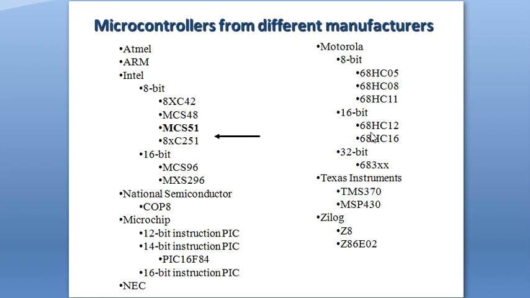Then 16-bit variants 68HC12, 68HC16. Then the 32-bit variant 683XX, where the XX varies based upon the different variant numbers. Then Texas Instruments has TMS370, MSP430. Then Zilog has Z8, Z86. So these are the different variants from different companies.